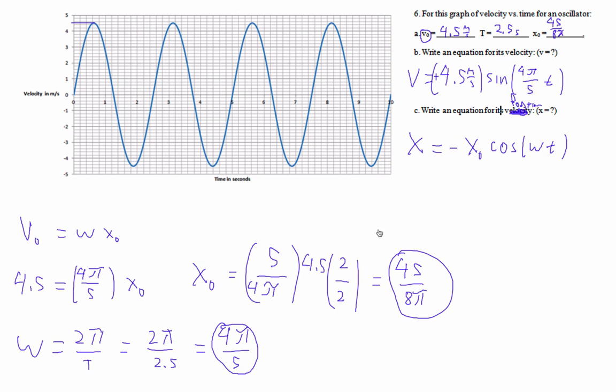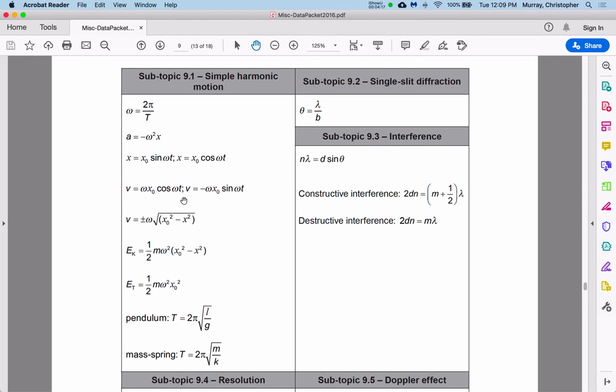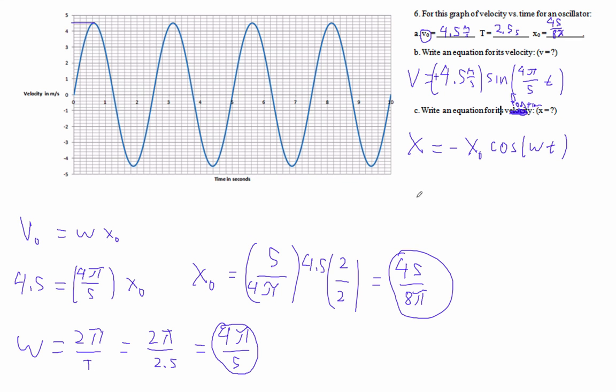Okay, so again, if you go in here, we know that if our v is sine omega t as the general form of it, all we know from the data packet is if it's negative sine, then this is positive cos. So if this guy is positive sine, this guy is negative cos. Okay, that's where that came from. So x is going to be the opposite of this guy.